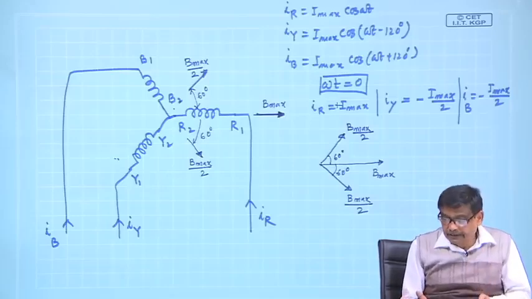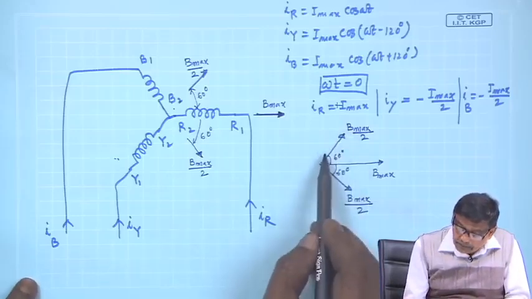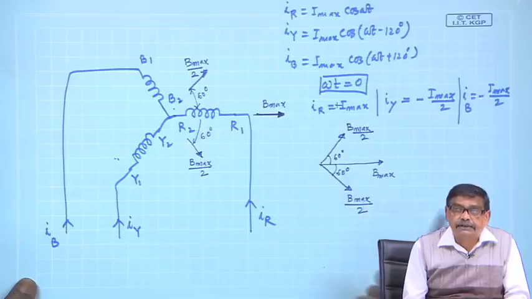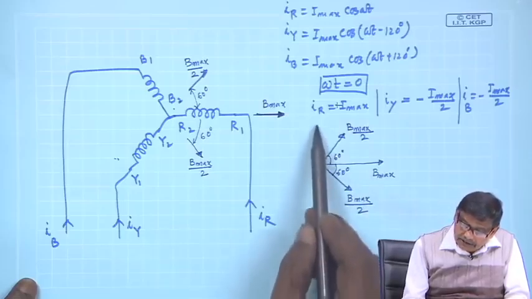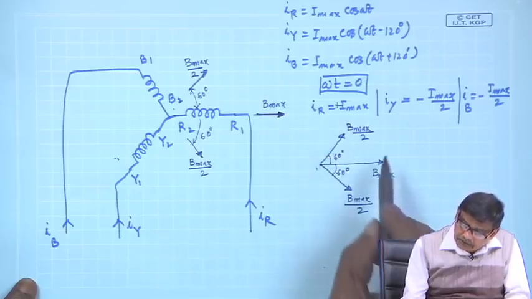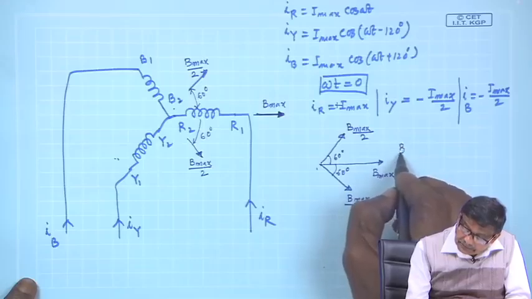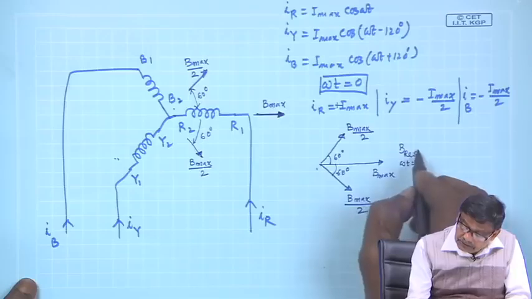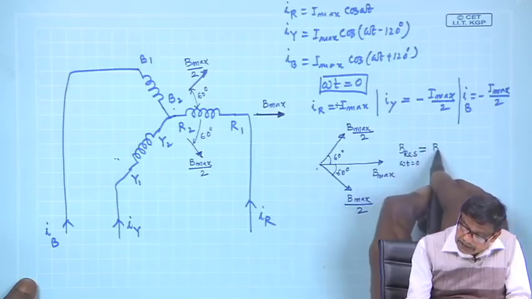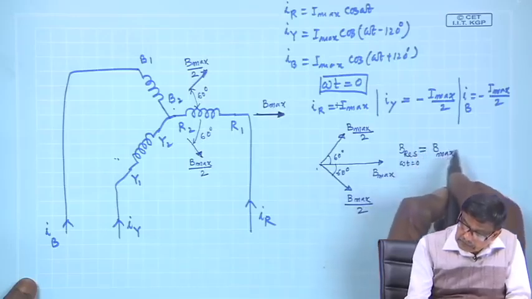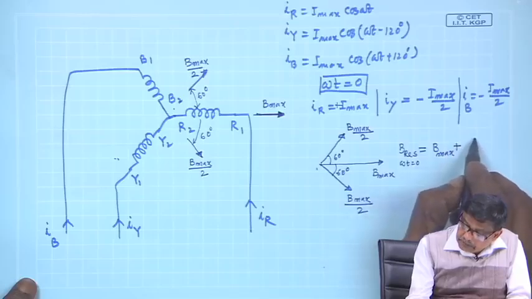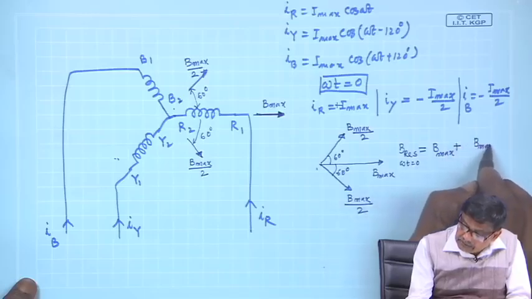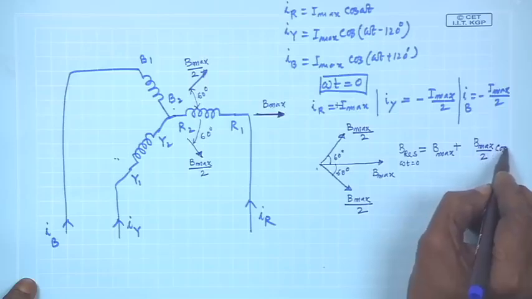Therefore, what will be the resultant field? The vertical component, you have to add these 3 vectors. So, vertical component will cancel out. So, B resultant at omega t equal to 0 is nothing but B max plus B max by 2 cos 60 degree.